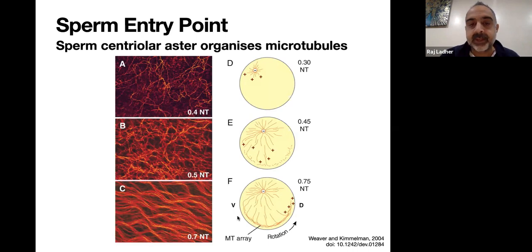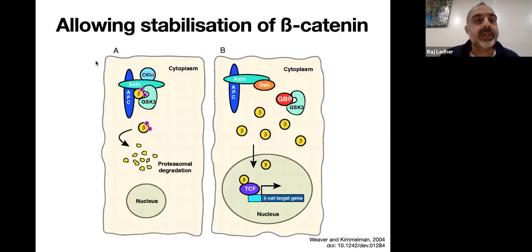This rotation brings new components into close juxtaposition. And so what you have normally is this situation in the egg. You have these particular proteins that are forming complexes, and is causing the destruction of free cytoplasmic beta-catenin, essentially.